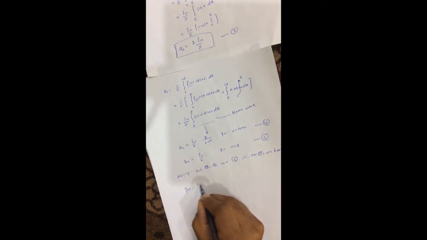A naught is 2Im over pi, so we have a 2 here, because a naught over 2, and a naught value is 2Im over pi. So if I put it here, then we have 2 in the numerator and 2 in the denominator, so this value. And similarly, then we have this summation over n, from 1 to infinity, an cos nx.